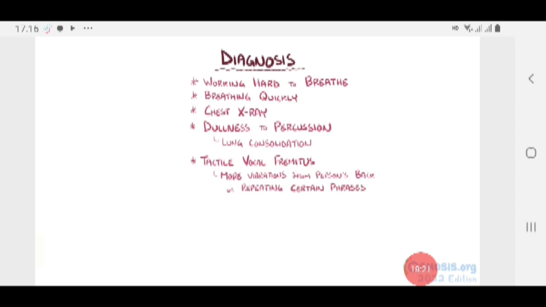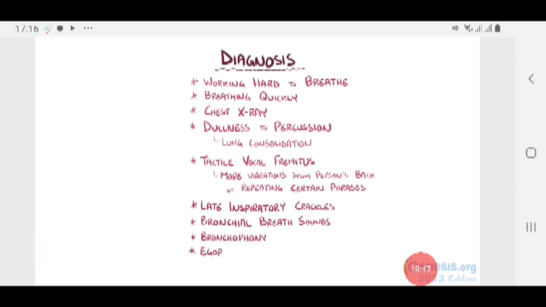This is because sound travels better through the fluid-filled consolidated tissue than air-filled healthy tissue. Late inspiratory crackles might also be heard, along with bronchial breath sounds, bronchophony, and egophony.